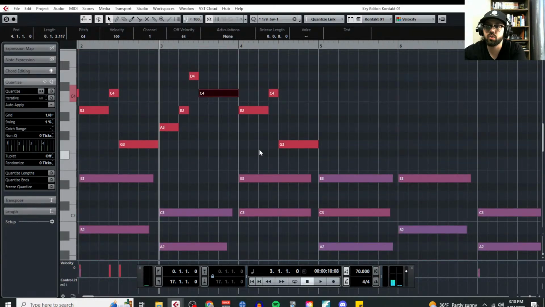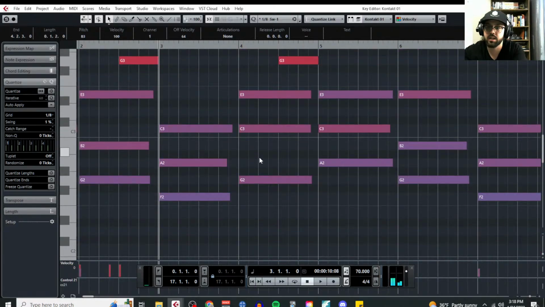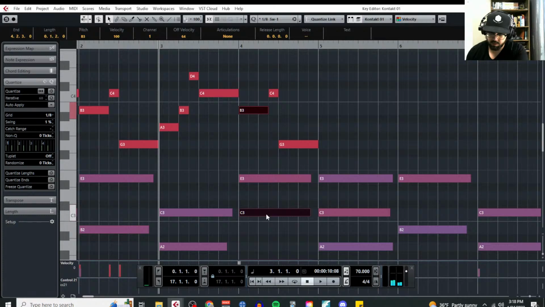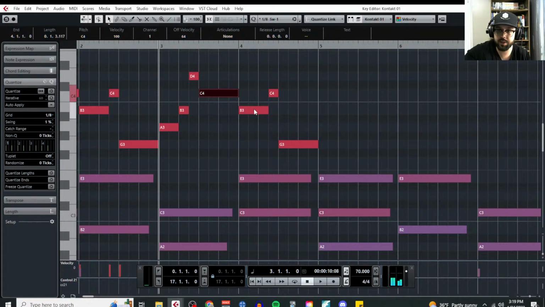This one does not, because C and B, if you minimize that, forms a minor second. If you expand it, you get a major seventh, which is still a very dissonant interval. So we want to smooth this out. I don't want to go to C, because that would be... Actually, maybe we could just do C. Repeat C.